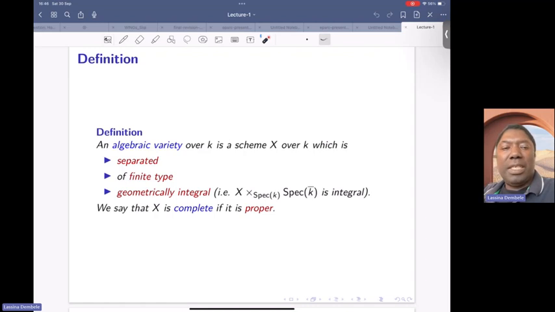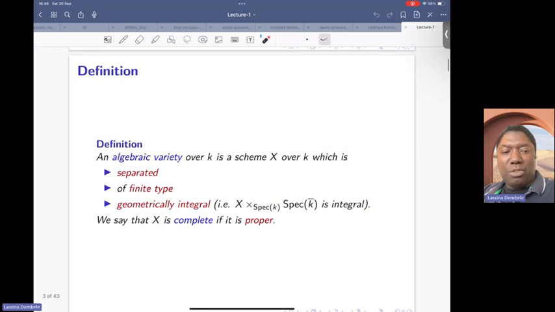By geometrically integral, I mean that when you take the base change of this scheme to the algebraic closure K bar, then you get a scheme which is integral. And we are going to say that our scheme X is complete if it's proper. So this is going to be a very important property for us today, because many of the properties of abelian varieties derive from the fact that they are complete.